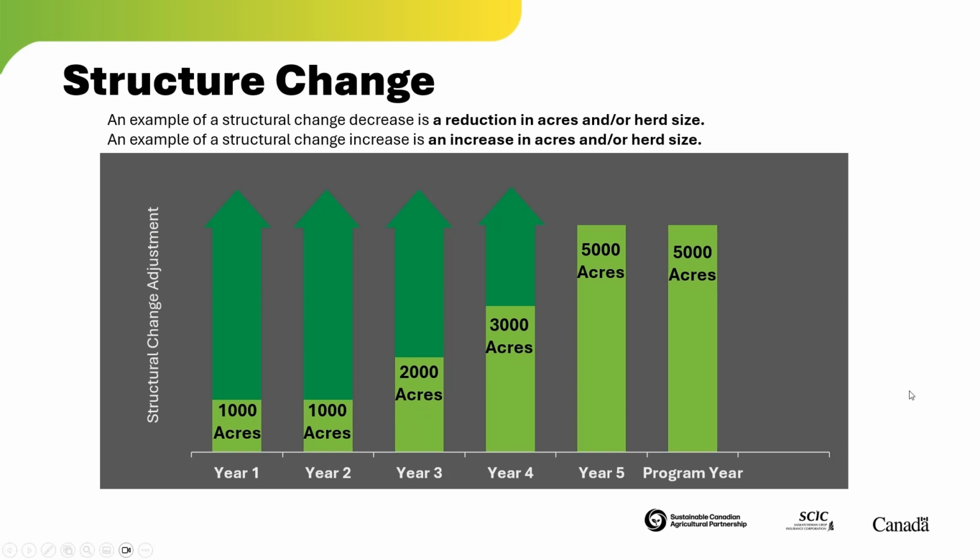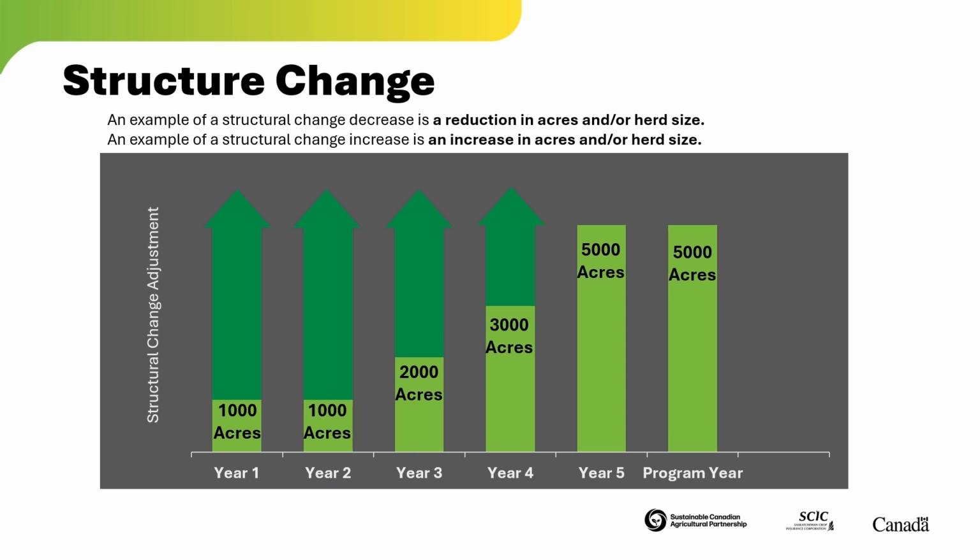So in this example here, we have year one, year two, where they are farming 1,000 acres. Slowly throughout the years, they're taking on more land and are now farming up to 5,000 acres. So the program margin for the program year isn't a good comparison anymore to that previous history.